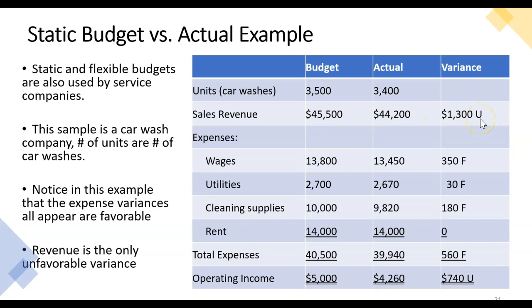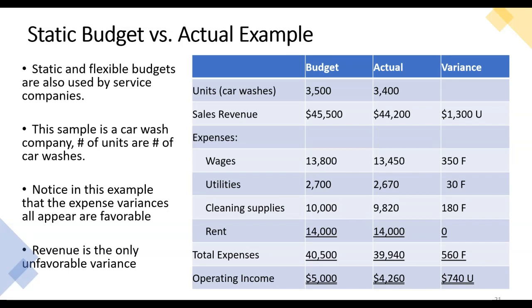An unfavorable variance is whenever your revenue is less than your budget, or when your expenses are more than your budget. So again, I'll repeat that one more time. An unfavorable variance is when your actual revenue is less than your budgeted revenue, or your actual expenses are more than your budgeted expenses. That's an unfavorable variance.